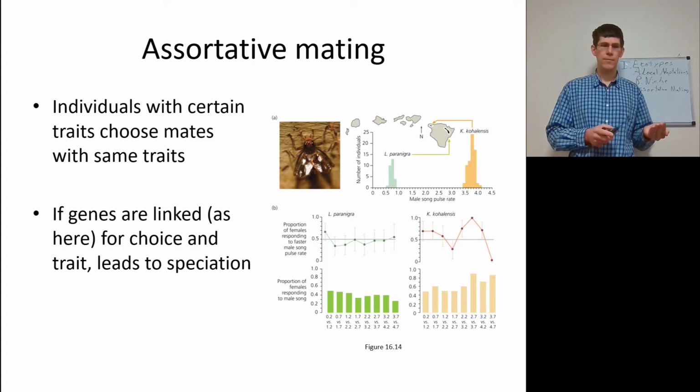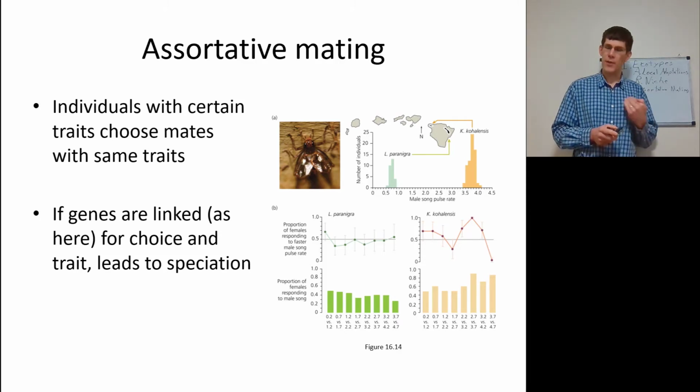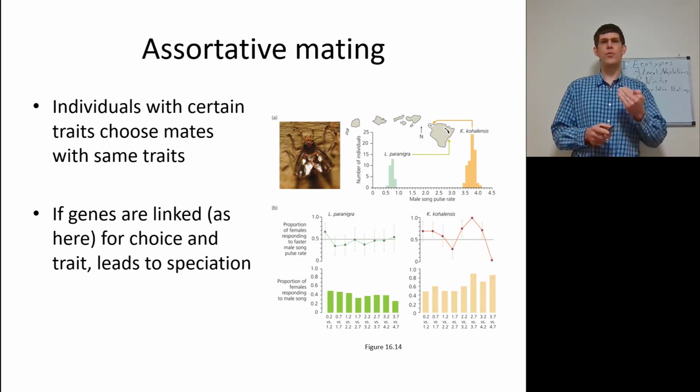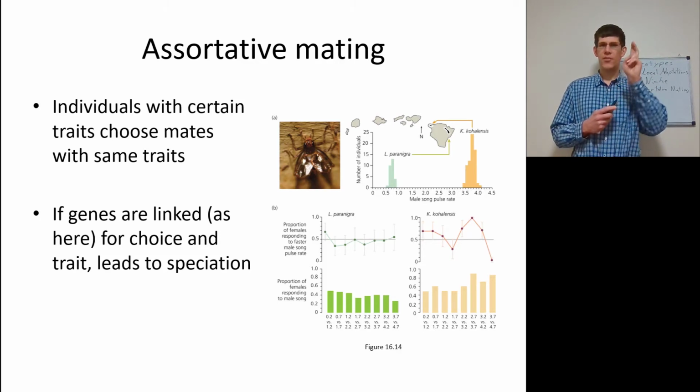And if you do, it's going to mate specifically with the ones with the pulse rate of 4 seconds, because the preference and the trait are through linked genes. When these genes are linked, that's linkage disequilibrium. So the preference is always going to be for that same one that has the same pulse rate.